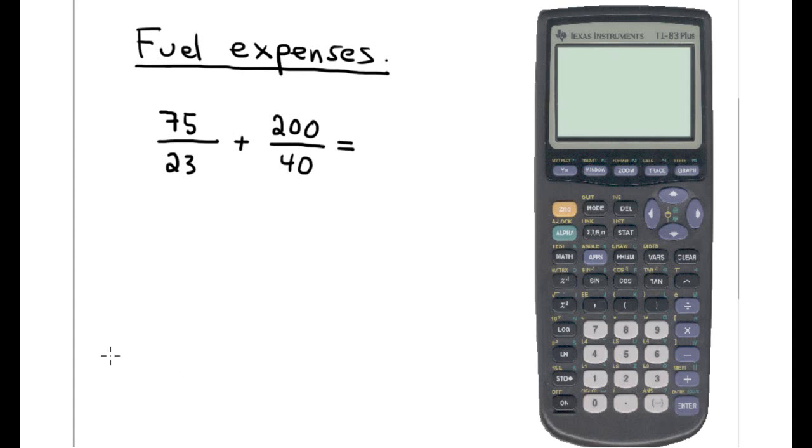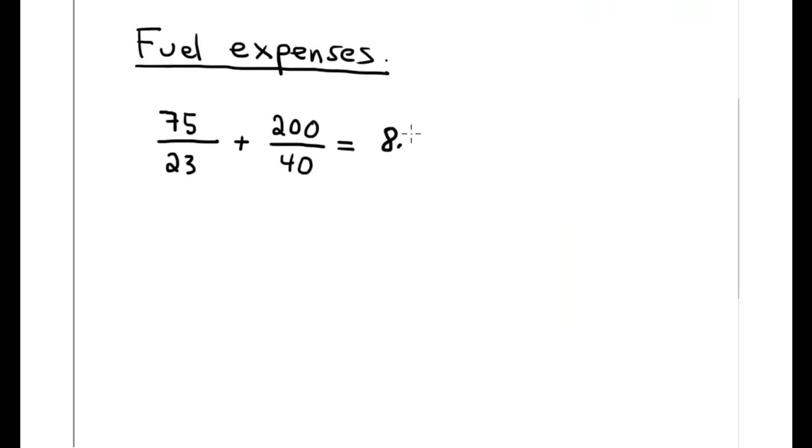Okay, in the calculator you have, for example, clear, 75 divided by 23 plus 200 divided by 40, and the answer is 8.26. That's 8.26 gallons per week.